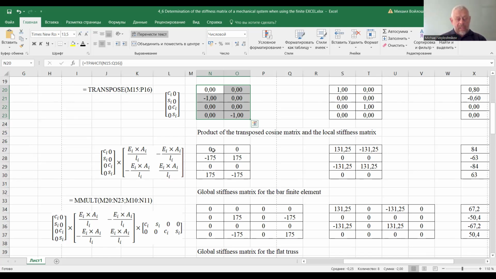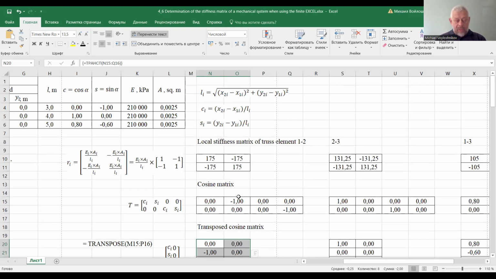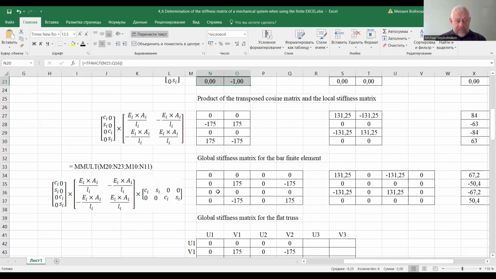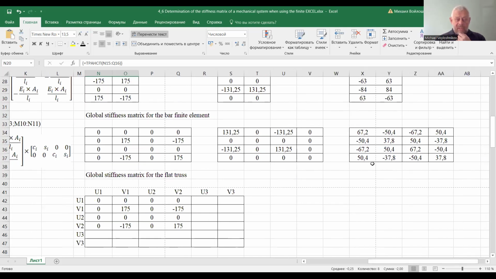After that, we multiplied this previous intermediate matrix by the cosine matrix again, but not transposed, the usual cosine matrix. We have a 4 by 4 global stiffness matrix of the bar finite element. Bar is the rod. So this was 2 by 2, and now we have 4 by 4. The size increases twice. We do the same for all three finite elements in the considered truss. And after that, we have to determine the global stiffness matrix of the flat truss.